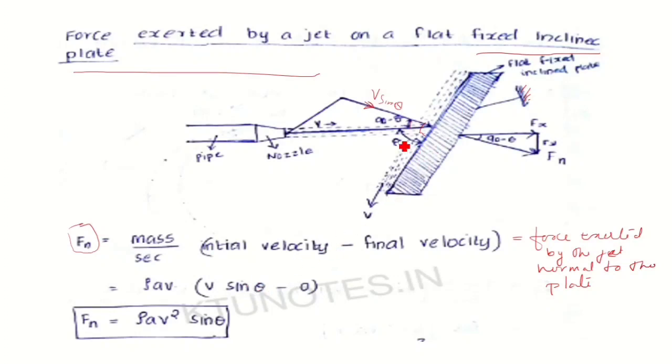There is no normal component after striking the plate, so the final velocity is 0. Therefore, the normal component of force acting on the plate is rho a v square sine theta.